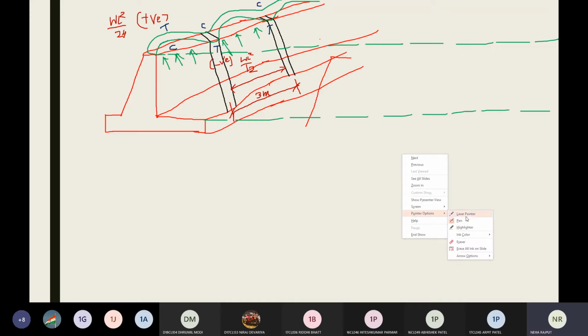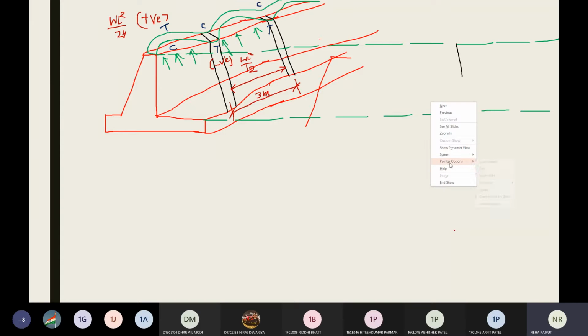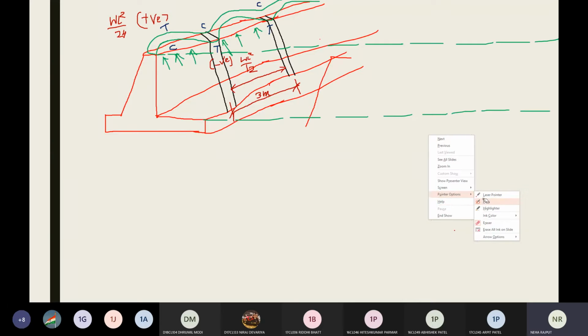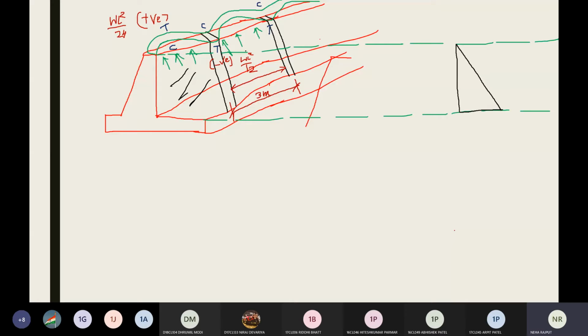Very first I will draw the active pressure diagram. Here all these are the backfill, so backfill gives the active pressure diagram.